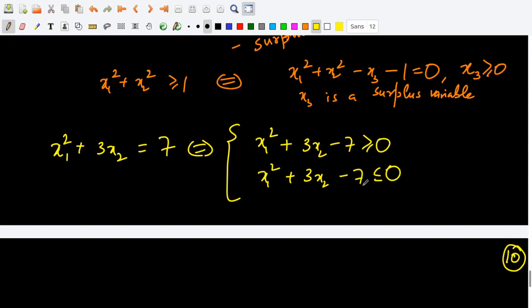And then I can multiply this second equation by negative 1, and this would become minus, plus, greater than. So if a problem has some equality constraints, I can always convert them back to an inequality form.